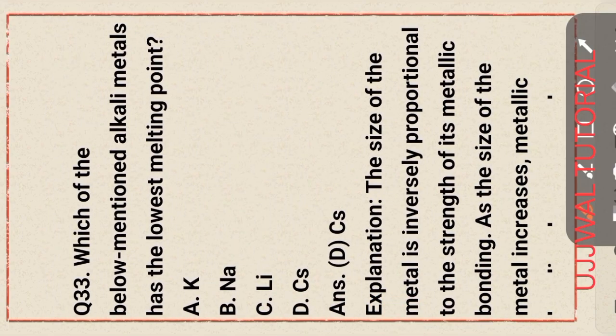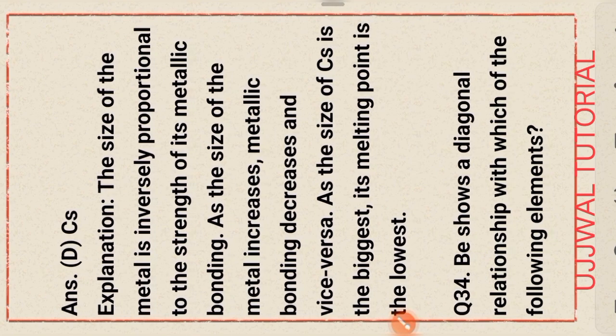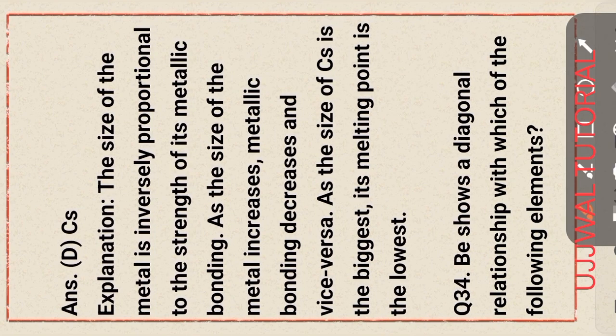Next question, question number 33. Which of the below mentioned alkali metals has the least melting point? Option D. Due to the explanation, the size of the metal is inversely proportional to the strength of its metallic bond.